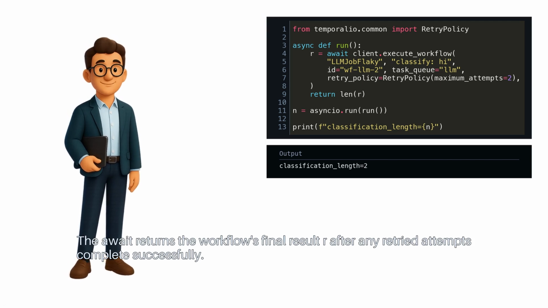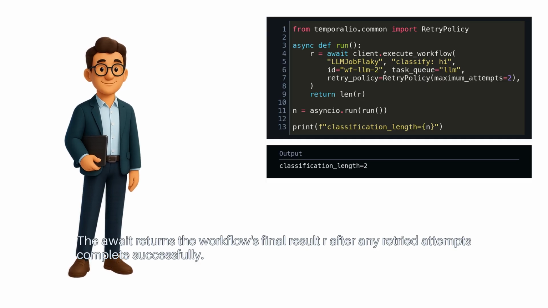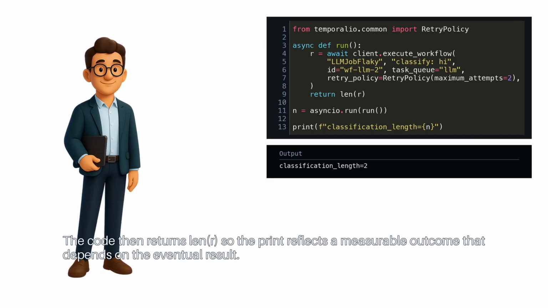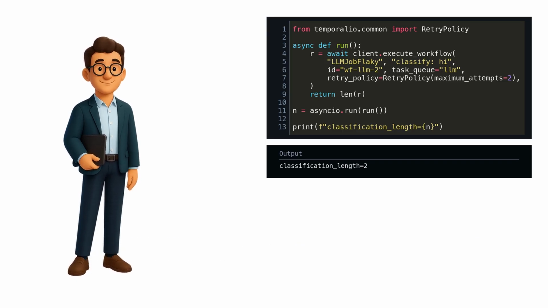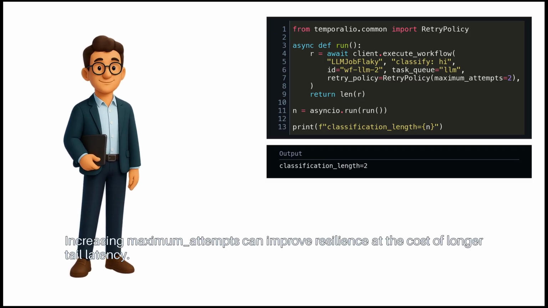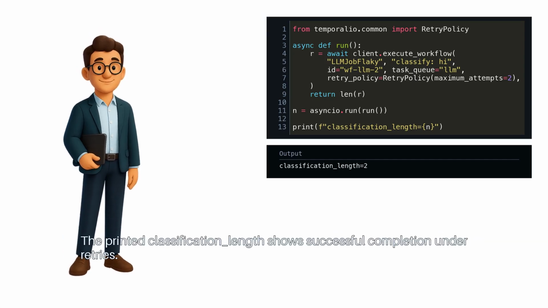The await returns the workflow's final result r after any retried attempts complete successfully. The code then returns len(r) so the print reflects a measurable outcome that depends on the eventual result. Increasing maximum attempts can improve resilience at the cost of longer tail latency. The printed classification length shows successful completion under retries.